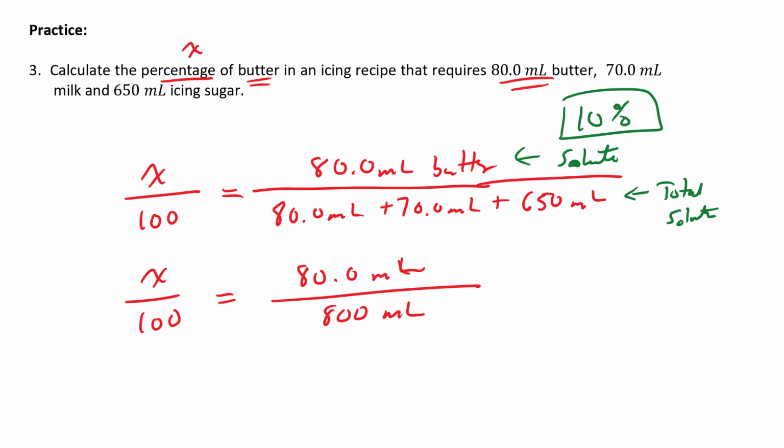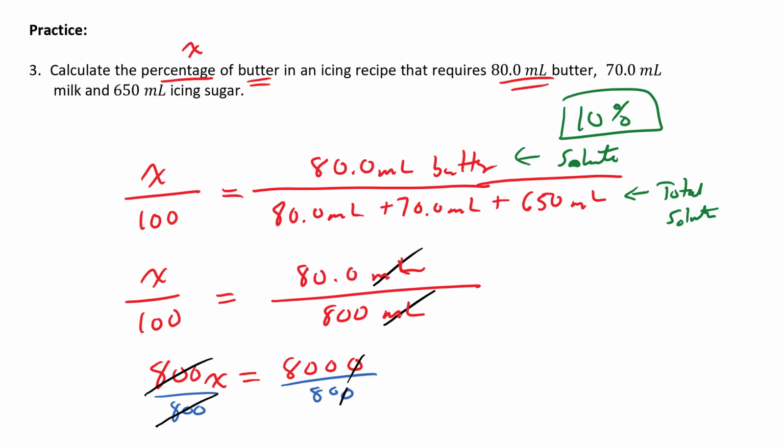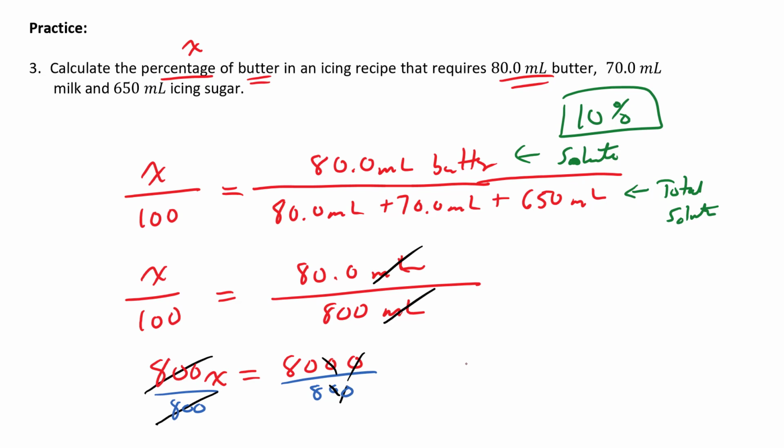Notice I have mils on the top and mils on the bottom, so they'll cancel each other out. Cross multiply. Divide both sides by my coefficient in front of x to isolate that on its own. 80 divided by 8 is 10.